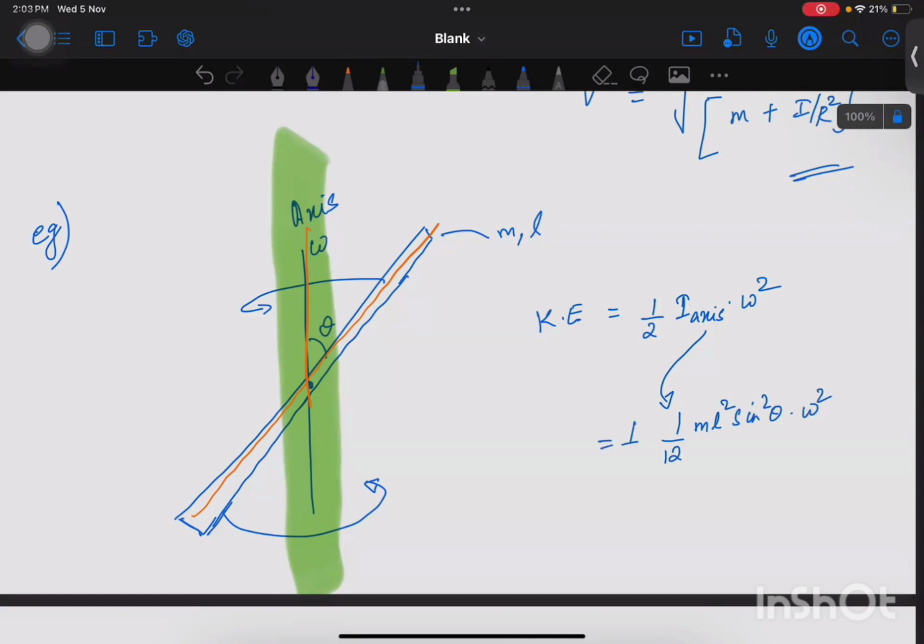Our problem is done. 1 by 24 m l square sine square theta omega square. Towards the end of this chapter, we'll also find out the value of omega for this rod. The moment you give or fix the theta value, omega is a function of that theta itself. That we'll do towards the end.